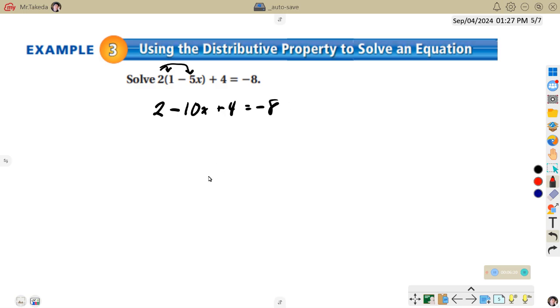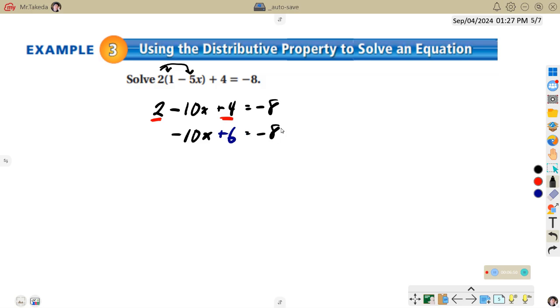Well, previously I said like terms are terms that have the same variable factor in them, but in this case it's the 2 and the 4 that are like terms. They're constants. They don't have a variable part to them, and that's okay because all constants are considered like terms. So 2 plus 4 is 6, so I'm going to say negative 10x plus 6 equals negative 8.